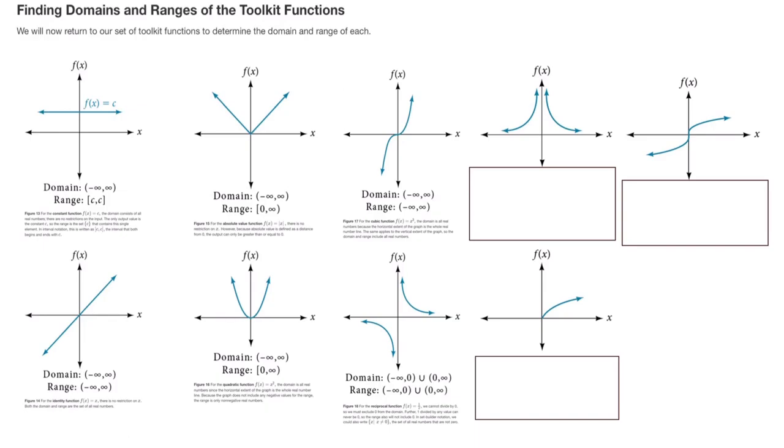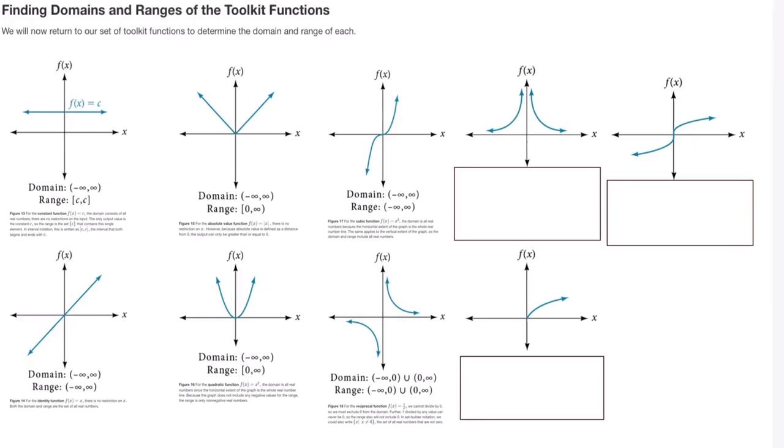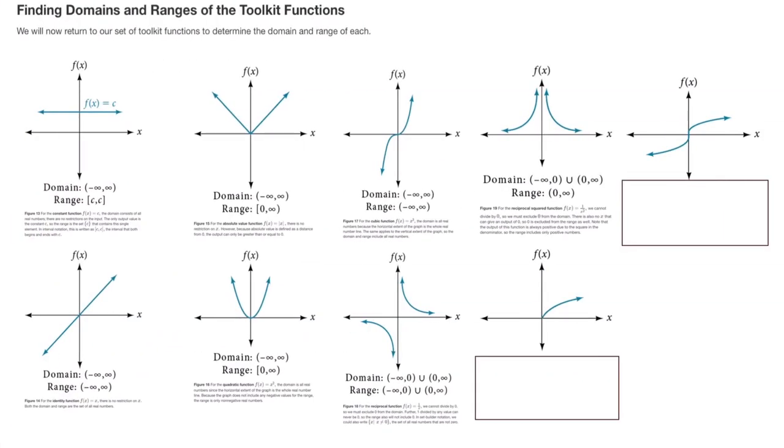Okay, so then second row, column 4, that's a square root function. The domain being the very left to the very right, it looks like it goes from 0 to infinity. And the range, it looks like it's also 0 to infinity. And then the cube root function, domain and range are both all reals.